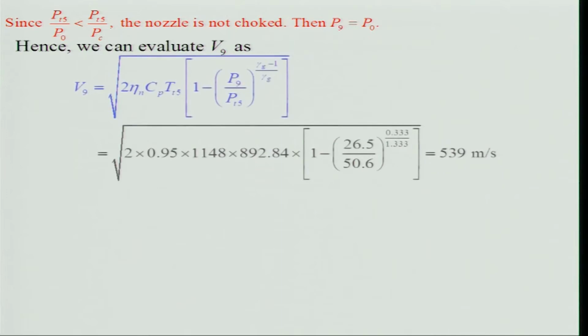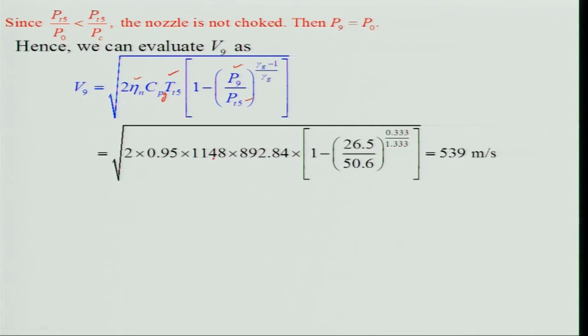So, we can evaluate this using 2 eta n Cp Tt5 into 1 minus (P9 by Pt5) to the power gamma minus 1 divided by gamma g, for the nozzle. We know these values: Tt5, P9, Pt5, Cp, this will be Cpg, eta n, all those things we know.